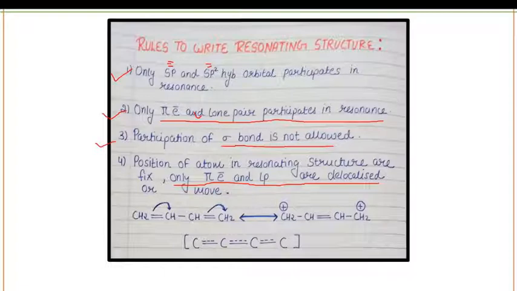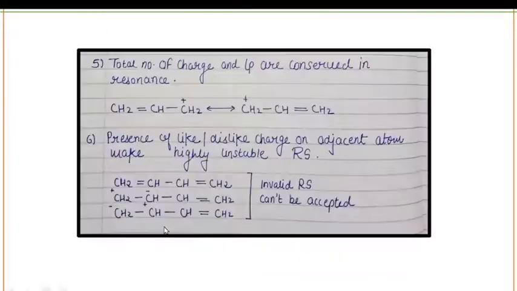Means the position of pi electrons and lone pairs can be changed or moved. Okay, as you can see here in this example, the position of the double bond can be changed while the atoms are localized to their positions.